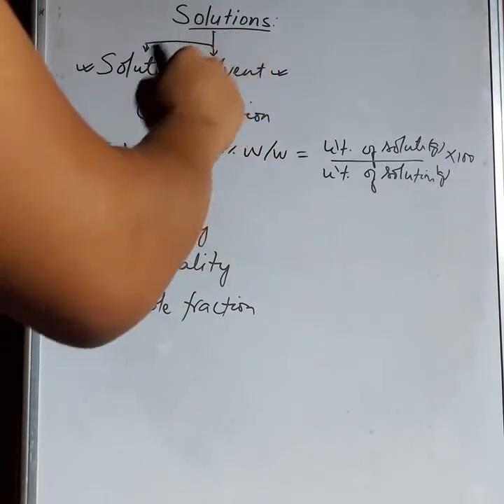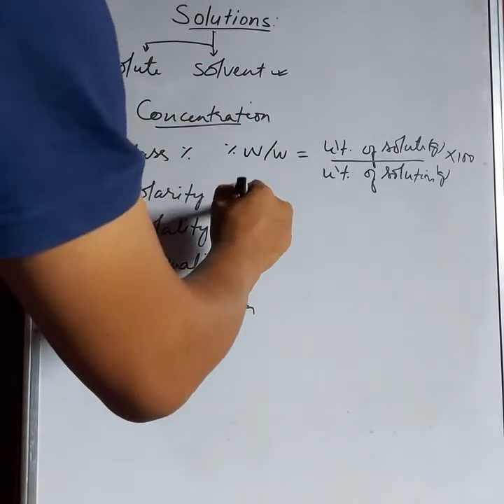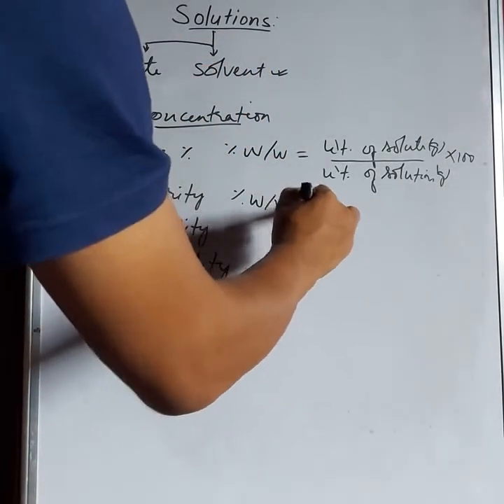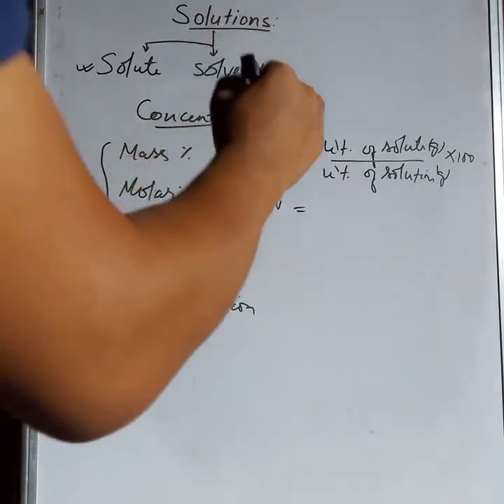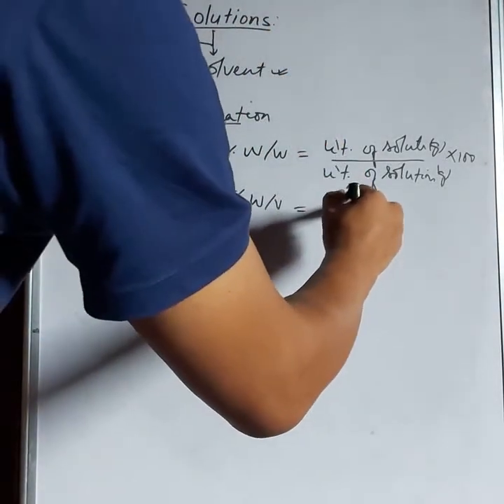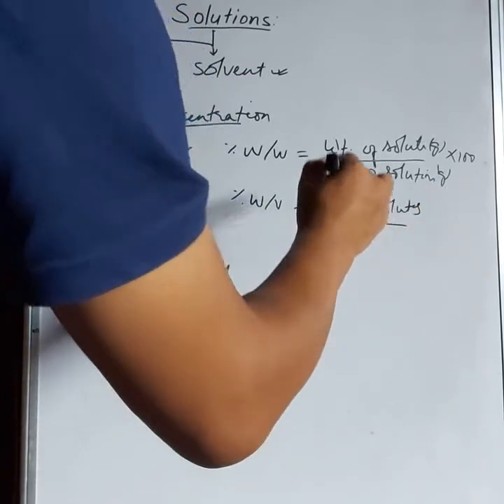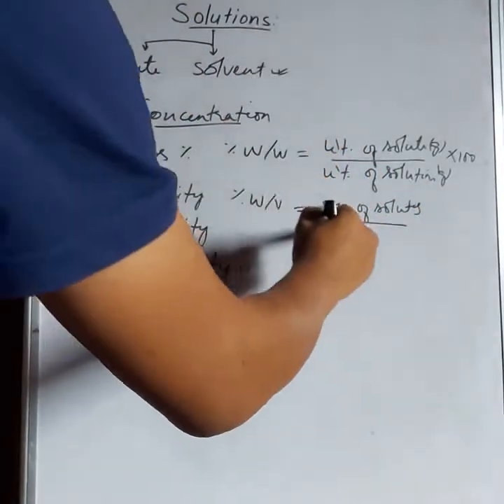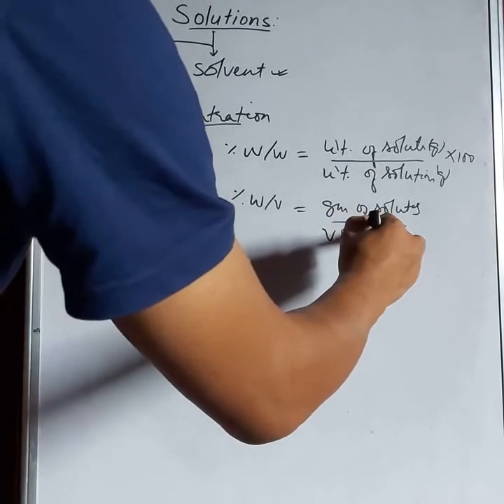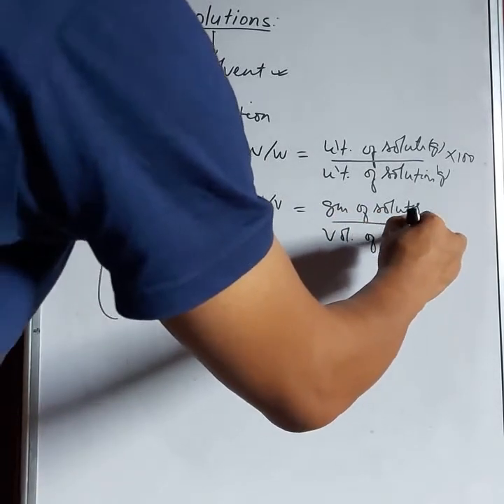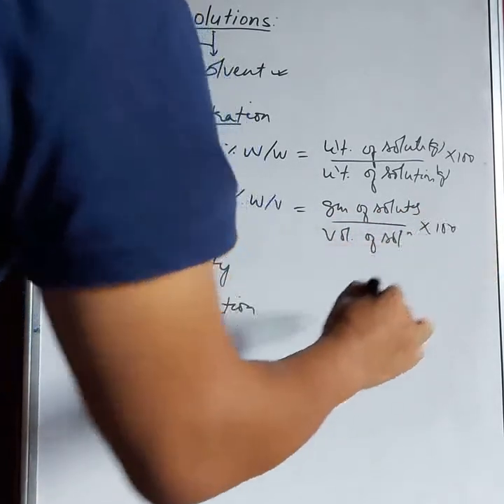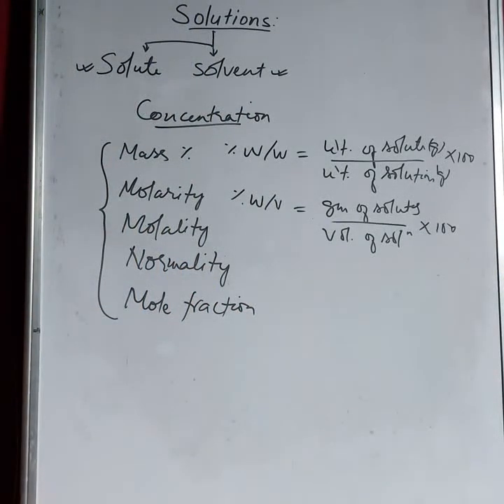That's how we calculate. And if it's percentage of weight per volume, then we can say grams of solute over volume of solution into 100. That is how we calculate percentage of weight per volume.